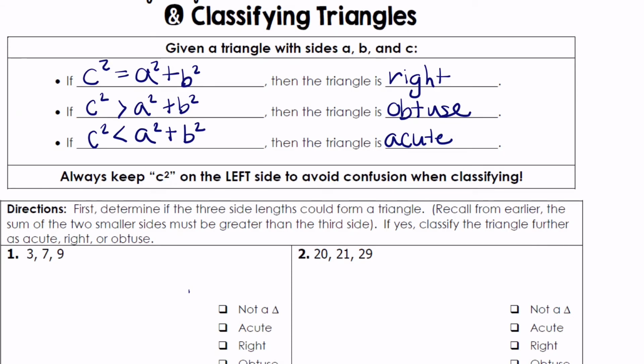I'm not quite sure why it says that, but it wants us to always keep C squared on the left side to avoid confusion when classifying. So I would suggest that you do that.